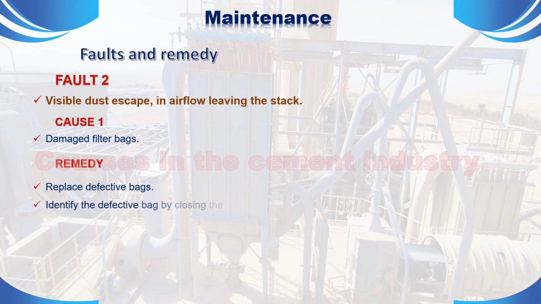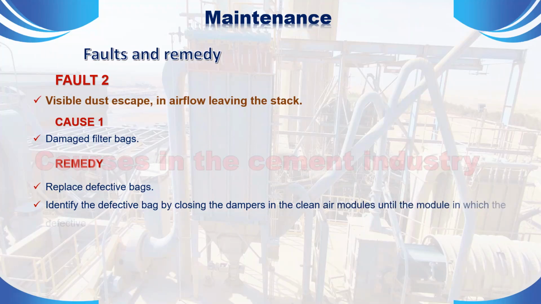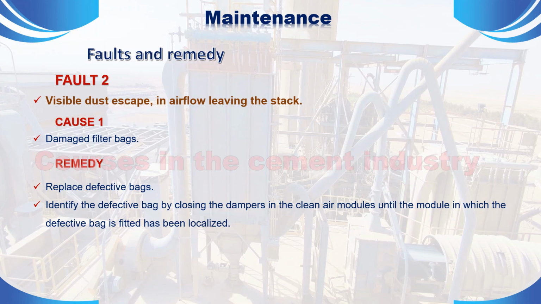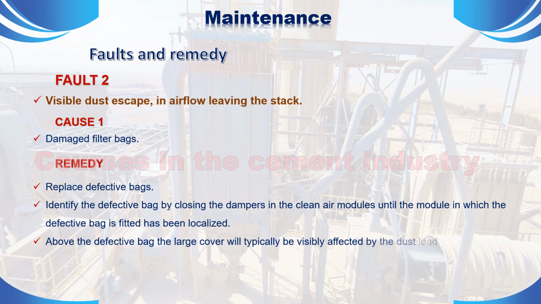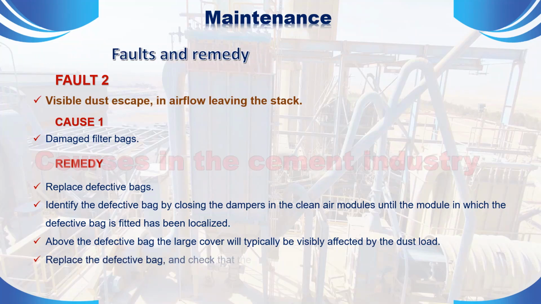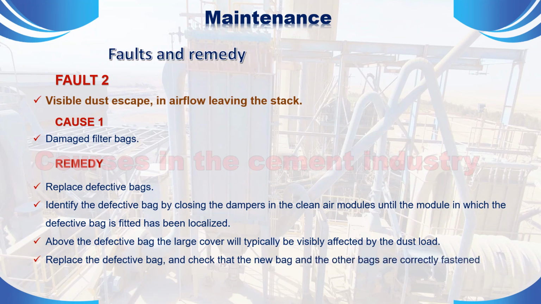Identify the defective bag by closing the dampers in the clean air modules until the module in which the defective bag is fitted has been localized. 3. Above the defective bag, the large cover will typically be visibly affected by the dust load. 4. Replace the defective bag and check that the new bag and the other bags are correctly fastened.